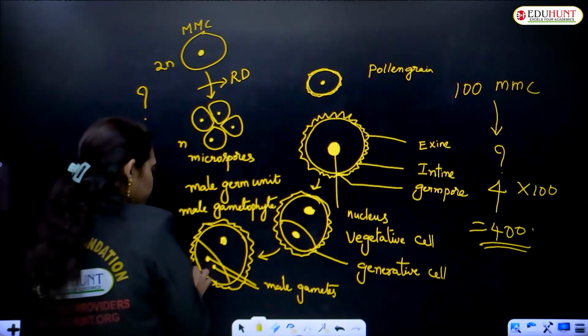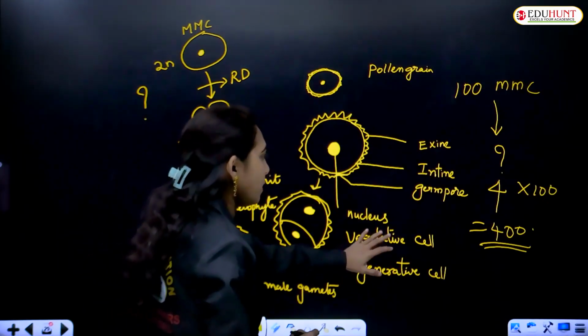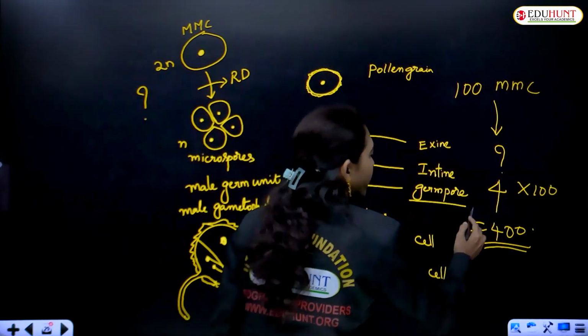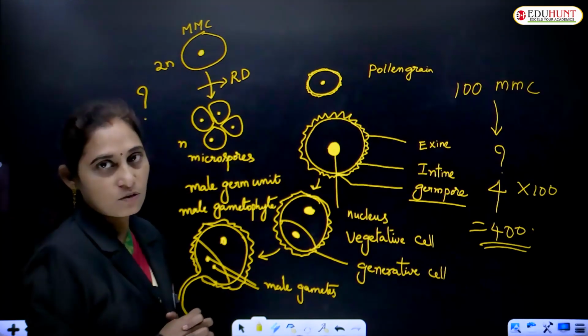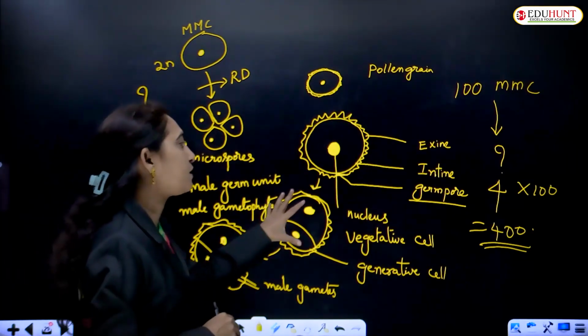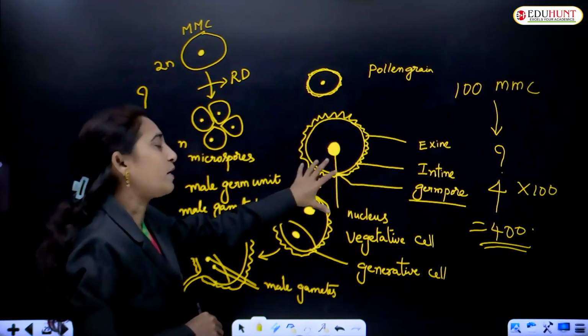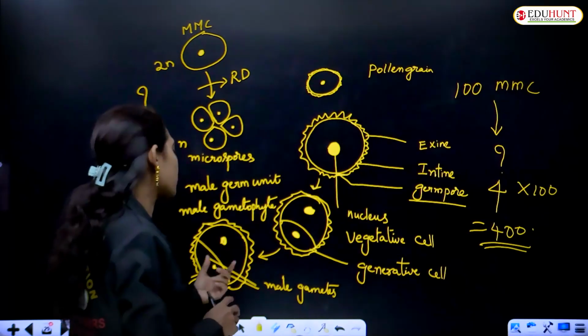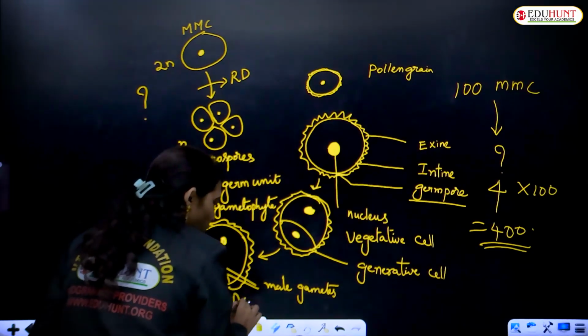This is the pollen tube. I have shown you the germ pore, where only a very thin layer of intine is present. Through these thin areas, the intine protrudes like a tube, called the pollen tube.